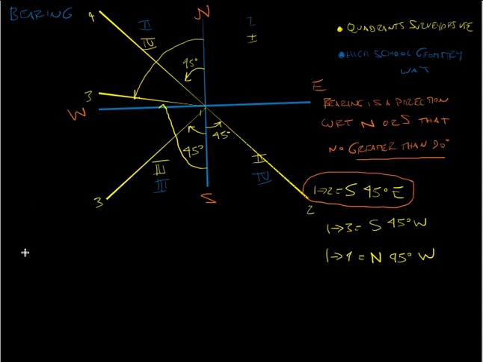Remember, an azimuth is a direction with respect to north, and north is assumed still straight up.